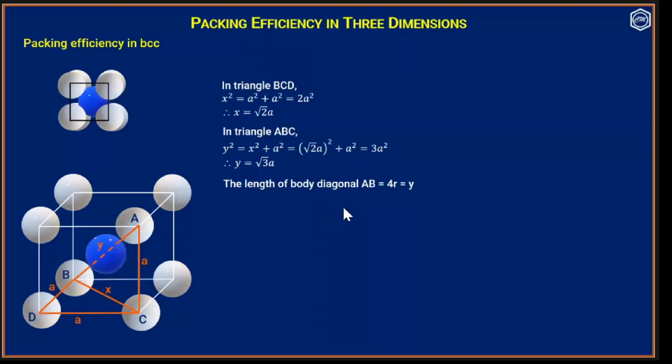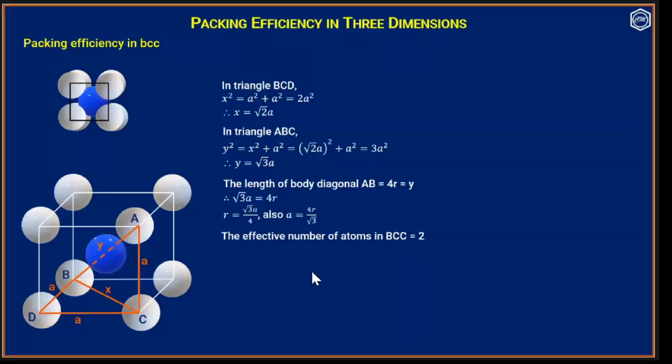The length of the body diagonal is AB, and that can be considered as consisting of 4 radii: 1, 2, 3 and 4. So therefore y is equal to root 3 a, or root 3 a is equal to 4r. Therefore r is equal to root 3 a by 4. That is the relation between the radius of the sphere and the edge length of the unit cell. And from this, a is equal to 4r by root 3.